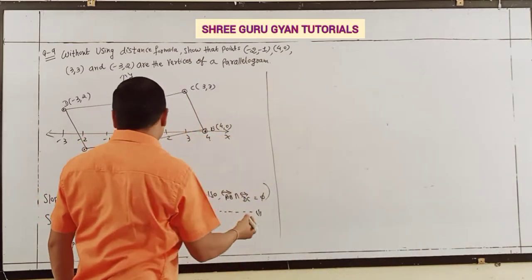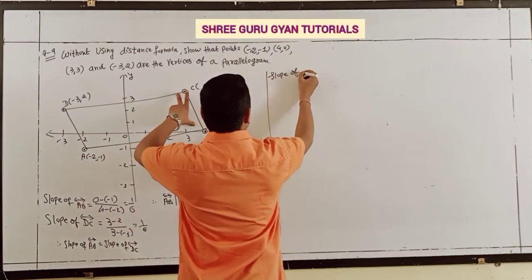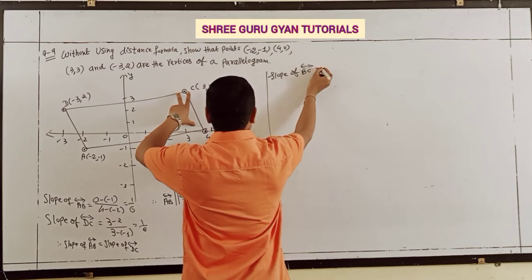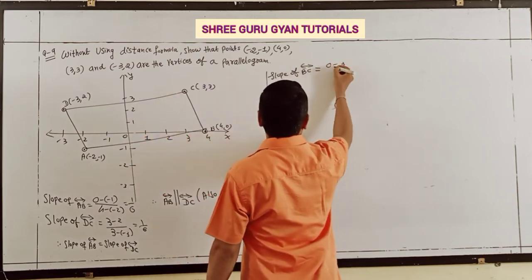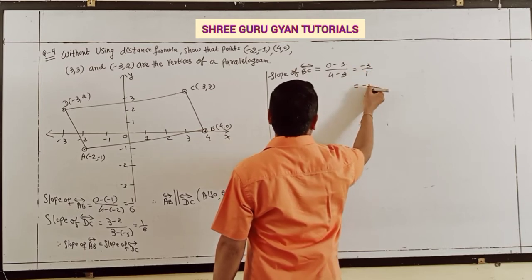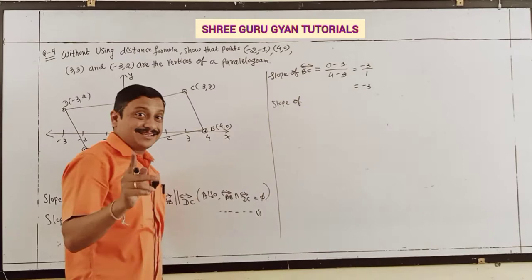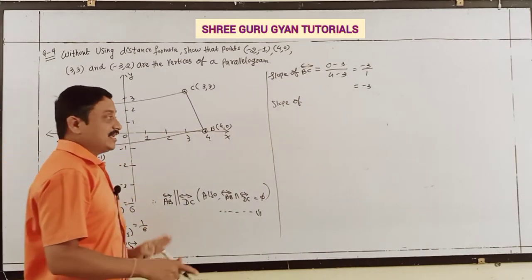So continue. Same now I am taking BC. Similarly apply: 0 minus 3 by 4 minus 3, that is -3 by 1, which is -3. Same operation for the exact opposite side, which is AD.